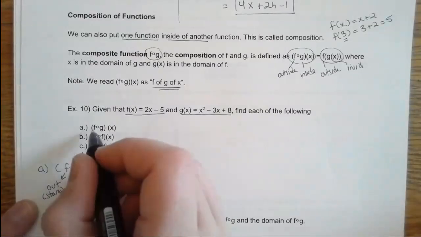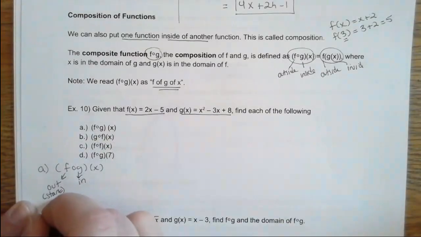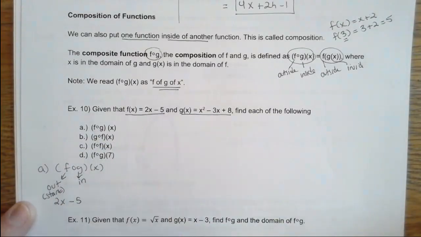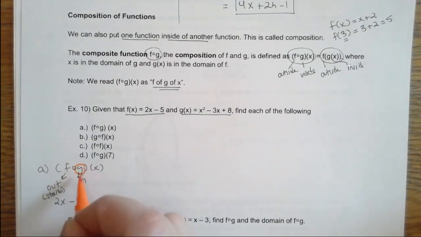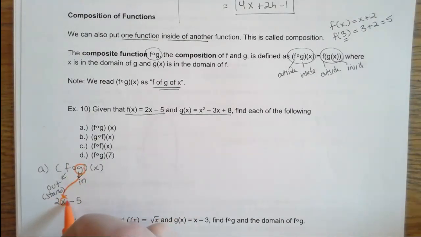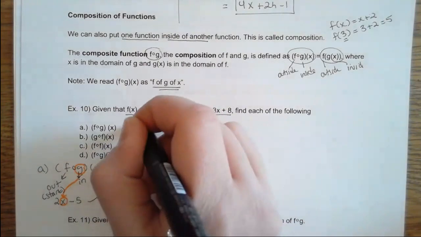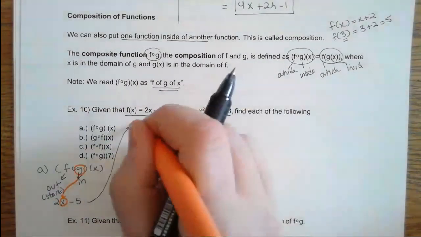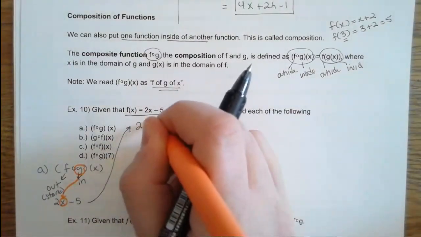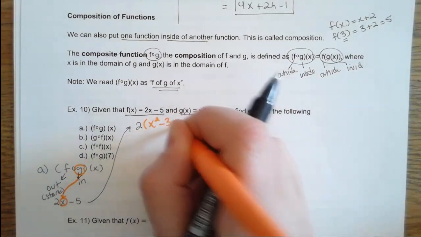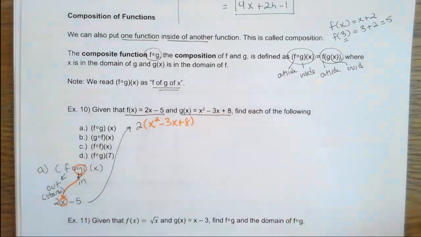So my starting function here is the f, so I'm just going to rewrite it, 2x minus 5. And what you do is you take your g function and you plug it in to the x. So what ends up happening here is you have 2, and then my g function is x squared minus 3x plus 8.